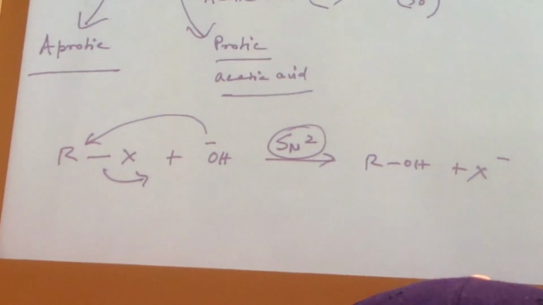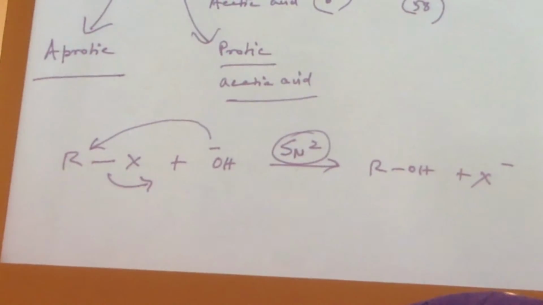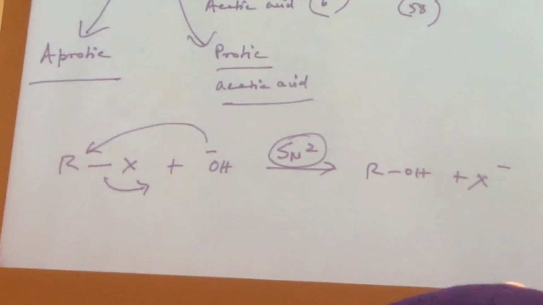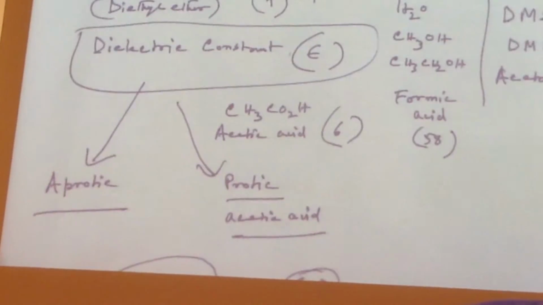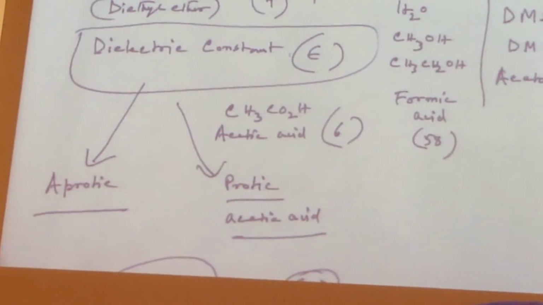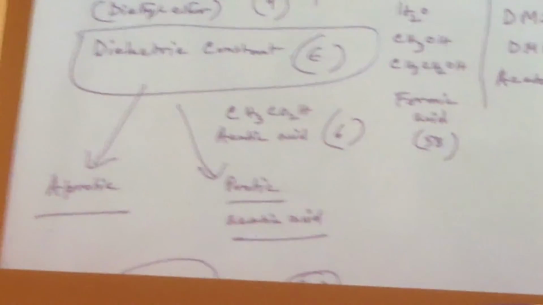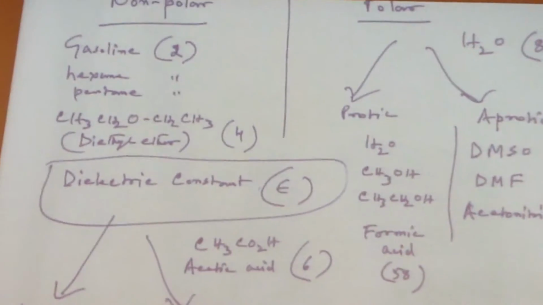Before I get to SN2 and SN1, one important thing that you need to know is that the first criterion is, of course, to dissolve both of them, the reagent and the nucleophile, in the solvent.